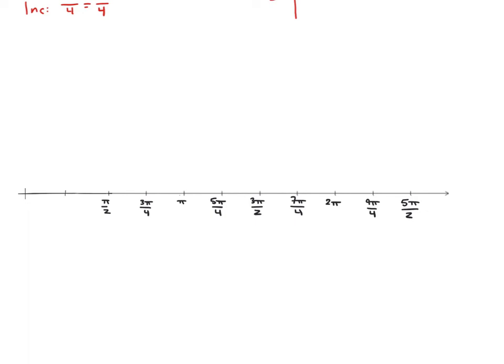So 2 pi over 4 is pi over 2. So 2 pi over 4 decreased by pi over 4 increment is 1 pi over 4. And then increment to the left one more time, and that gives you 0, which would then be our y-axis.